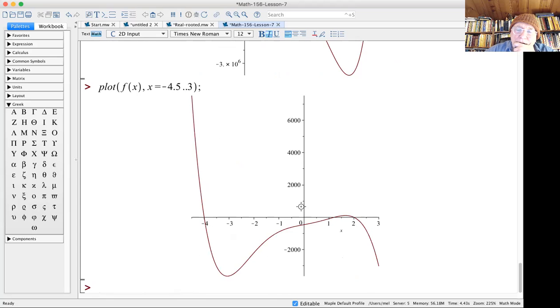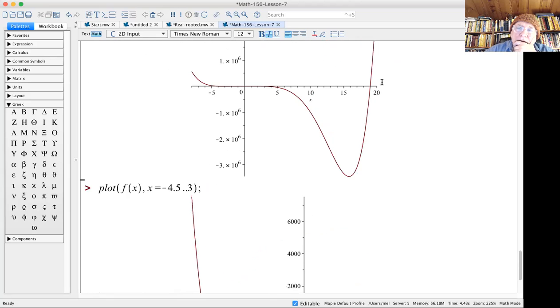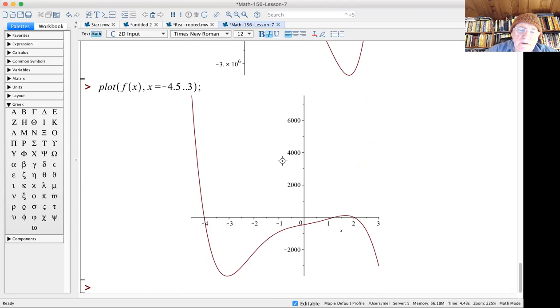So we want to find the solutions of the equation f of x equals 0. That means we want to find where the graph crosses the x-axis.